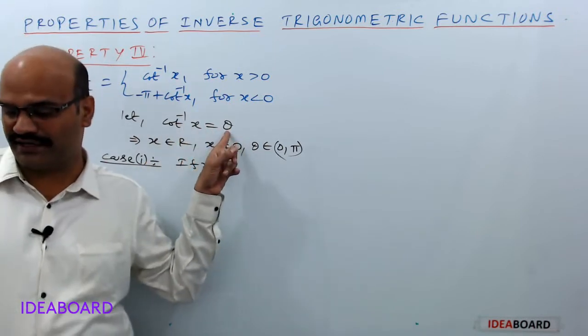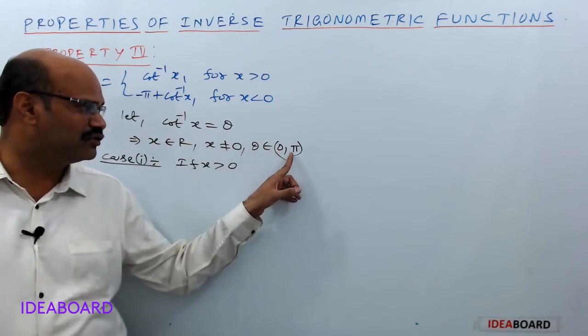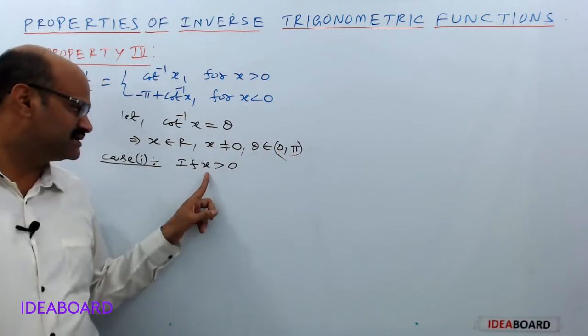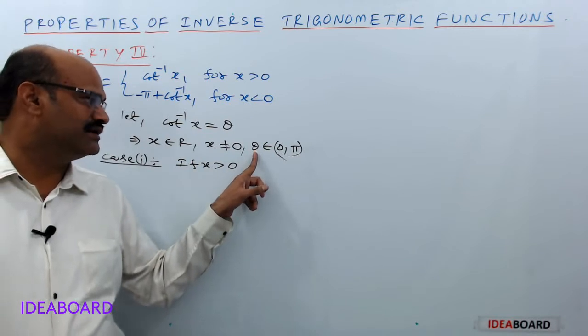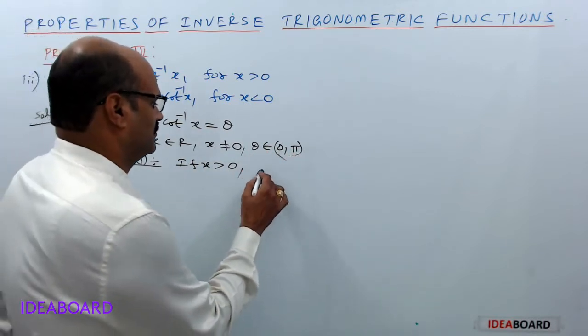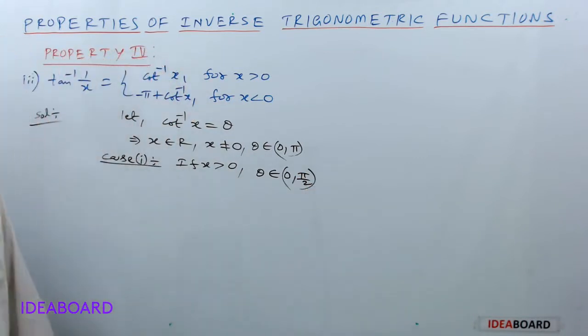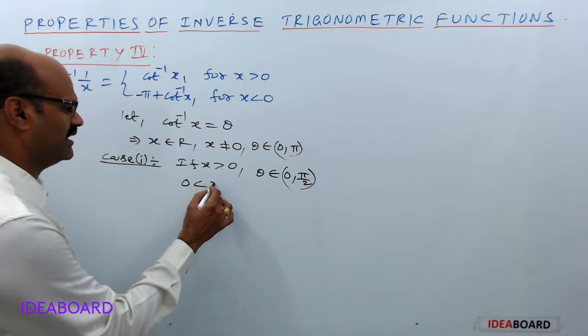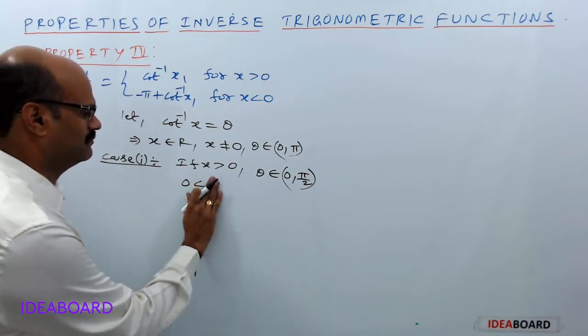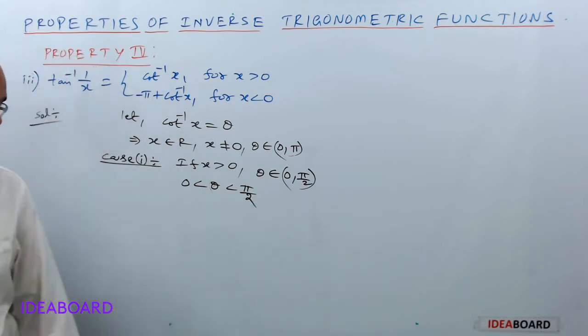We know that cot theta is positive in the first quadrant. Theta belongs to 0 to pi. Since x is positive, theta belongs to 0 to pi by 2. So 0 less than theta less than pi by 2.